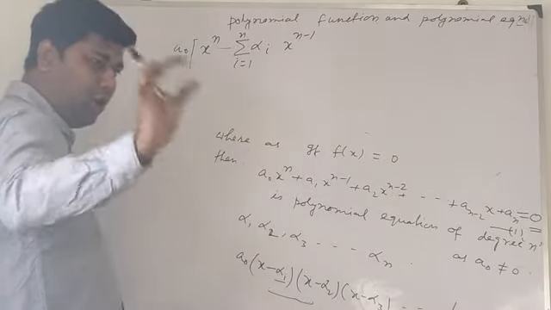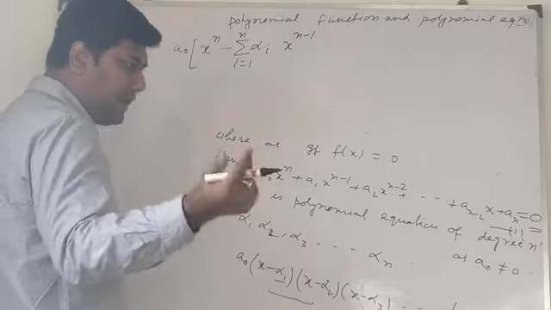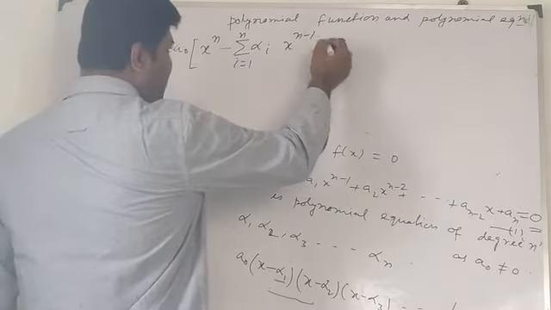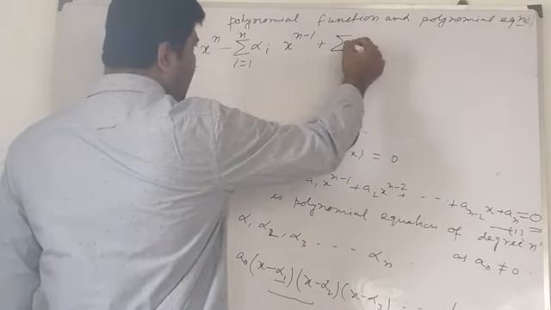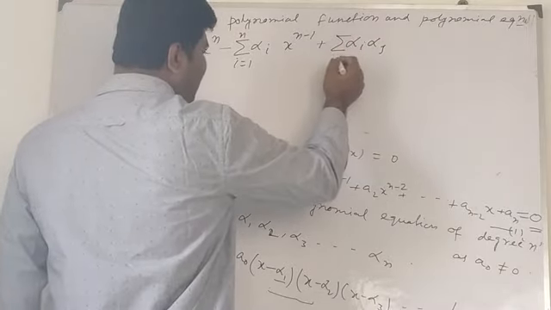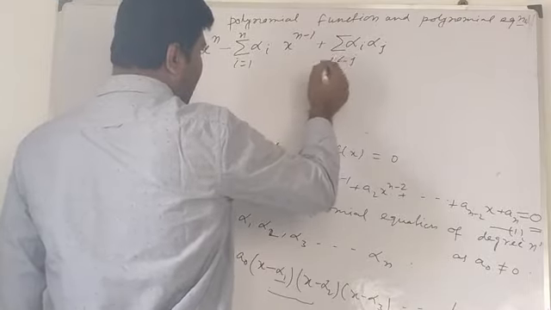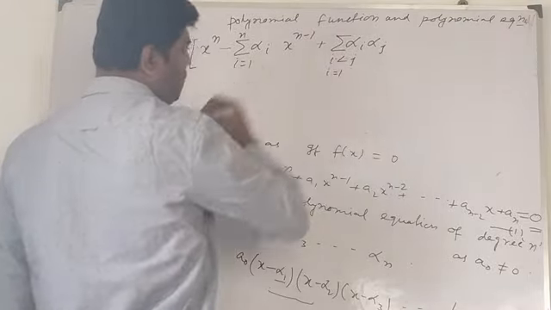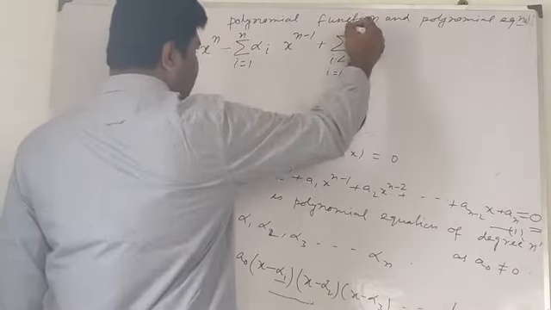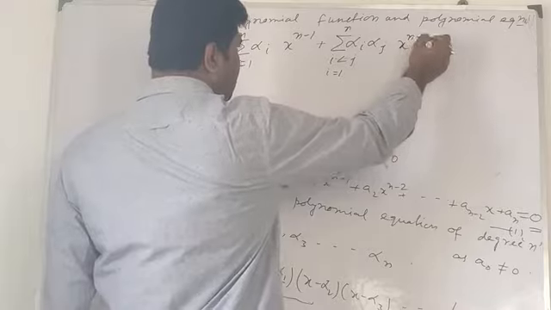Hence, if you take all two roots at a time and x from the rest, it will be plus summation of alpha i alpha j, where i is less than j and i starts from 1 up to n, times x to the power n minus 2.